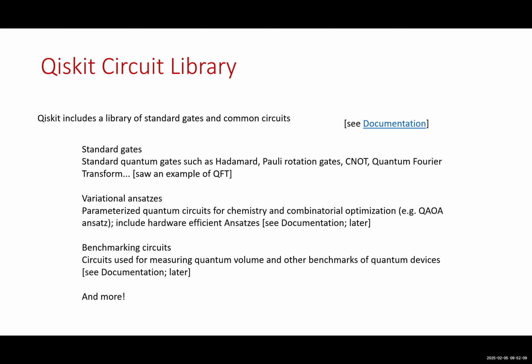So they already constructed these. In the past, you had to write this on your own, and they have developed these parameterized circuits for chemistry and combinatorial problems. For example, in this later one, you have this QAOA ansatz. We'll talk about QAOA, but we mentioned QAOA in the QRS course.